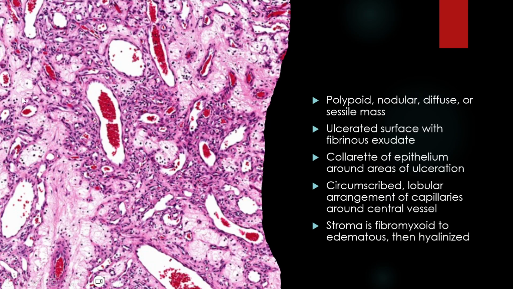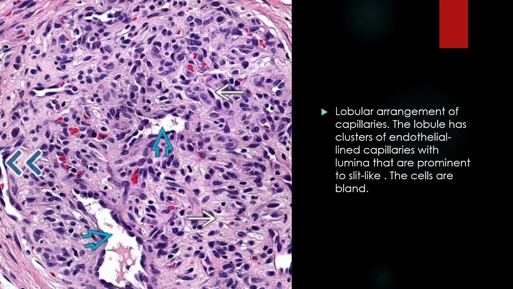And then in the stroma you can see different kinds of mixed inflammatory cells, like lymphocytes, maybe plasma cells, eosinophils, neutrophils, but kind of mixed.